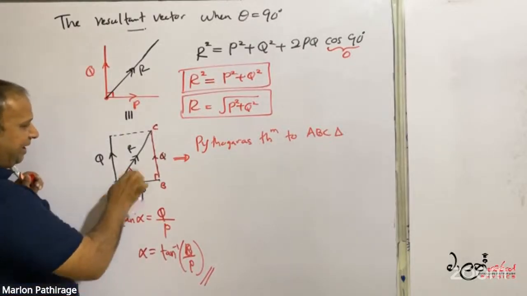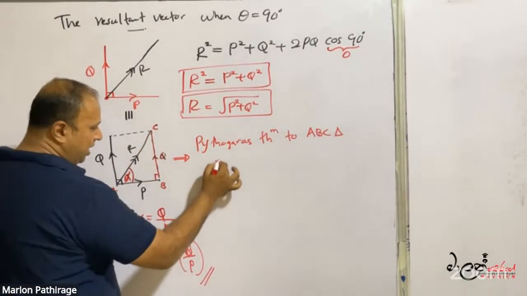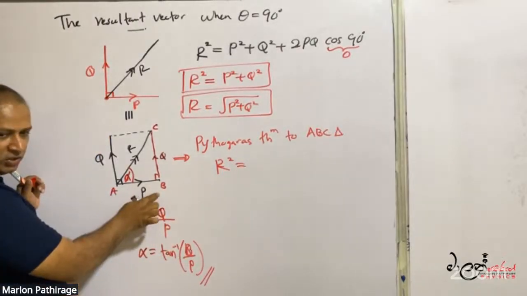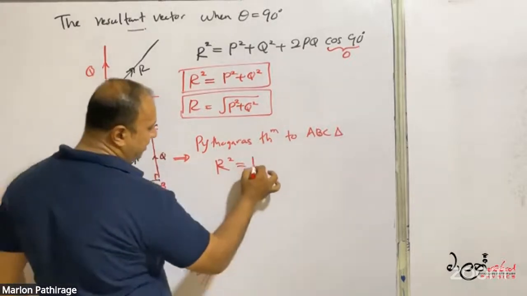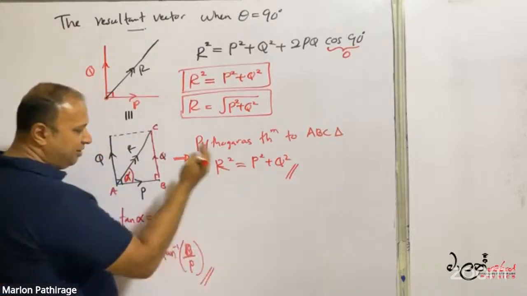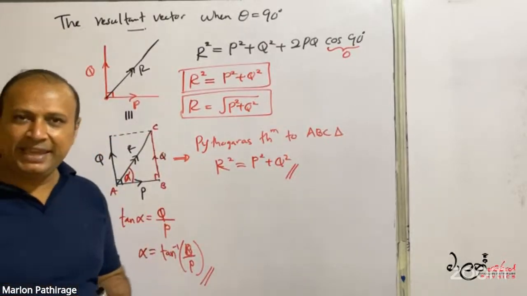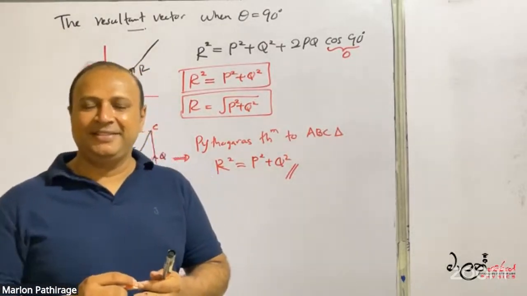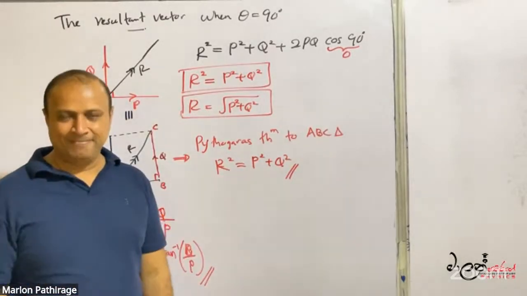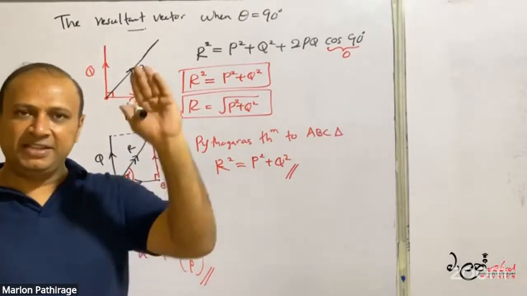Then AC squared or R squared is equal to AB squared plus BC squared, P squared plus Q squared. So you can do the same derivation using your geometrical and trigonometrical knowledge. Is that clear? If it is clear, please raise the hand.